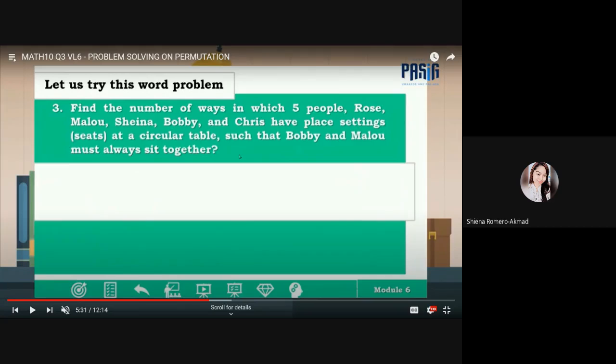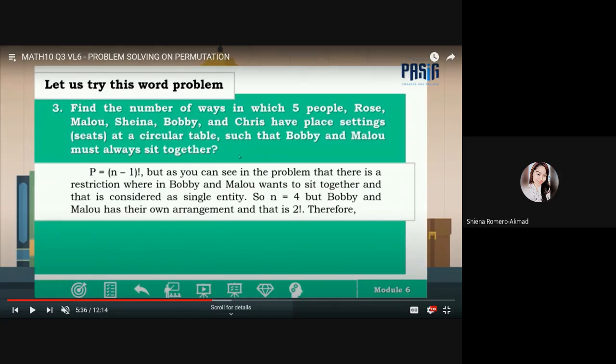When that happens, where two people want to sit together, you will count them as 1. So when you count them as 1, it is no longer 5 people who will sit. Instead, you will consider that there are 4 persons to sit. And 4 minus 1 is 3 factorial.